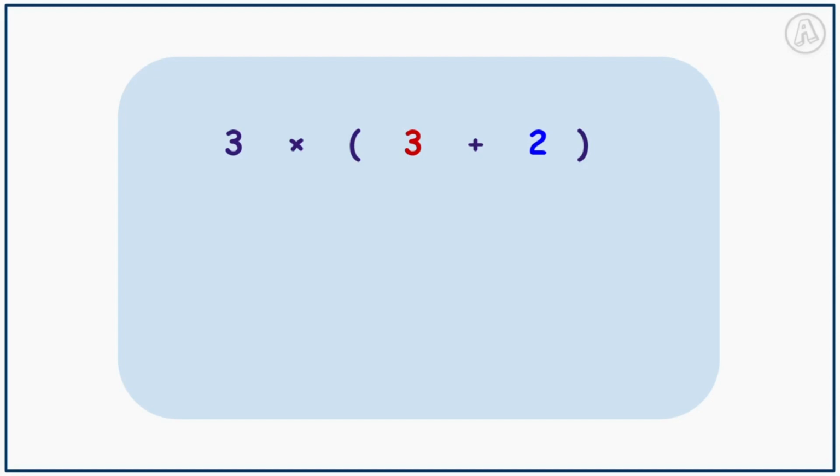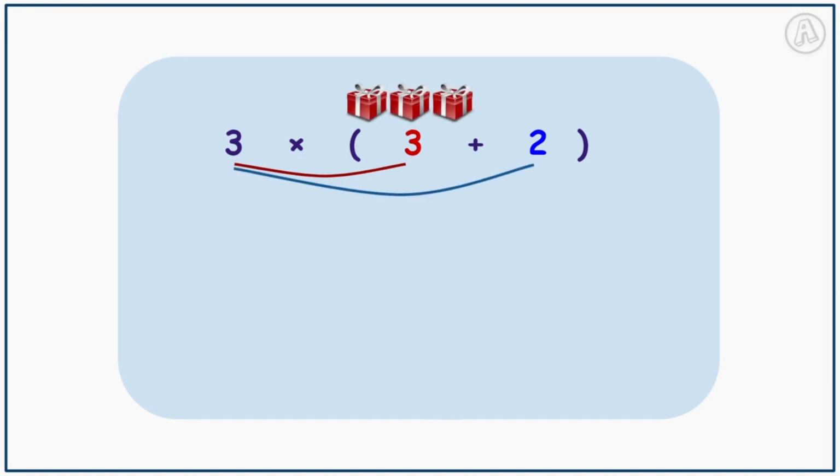So we have 3 rows of groups of 3 red gifts, and we have 3 rows of groups of 2 blue gifts. So let's distribute our 3 into the brackets. So 3 is distributed to the 3 in the brackets, and 3 gets distributed to the 2 inside the brackets.